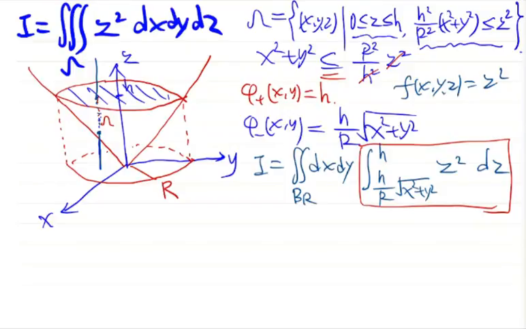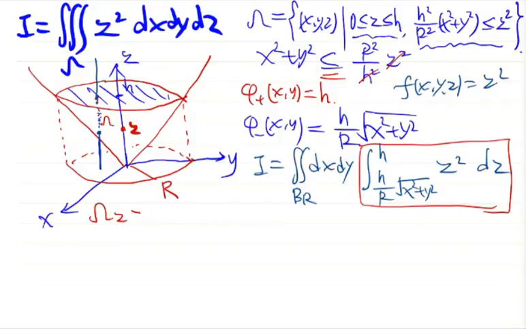Now I will give you another idea to compute the same integral. Very easy. We denote by omega z, for a given z, the corresponding omega z is the projection of the intersection of the domain with the plane z equal to z.